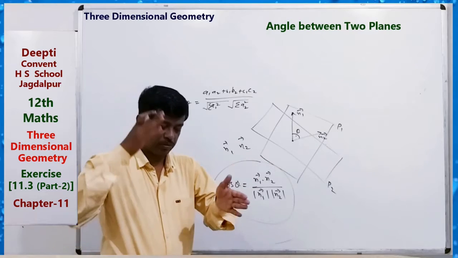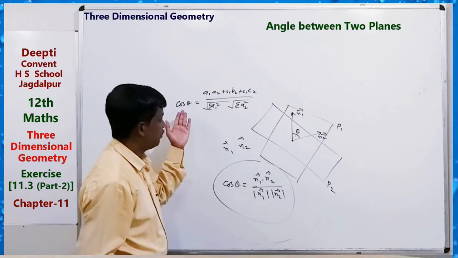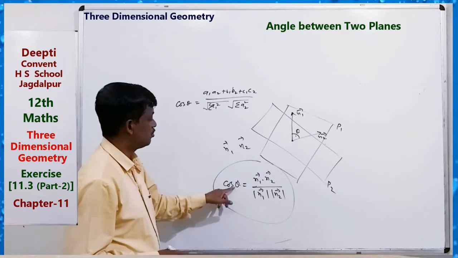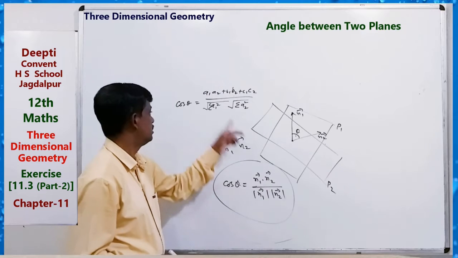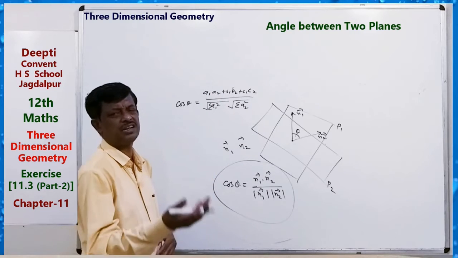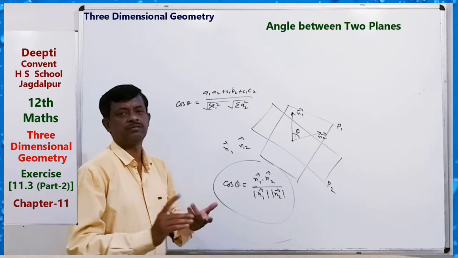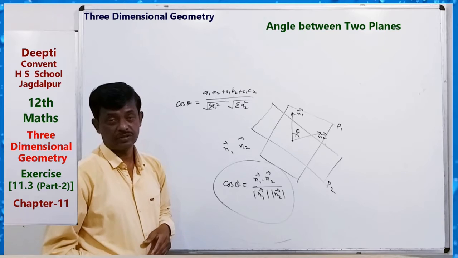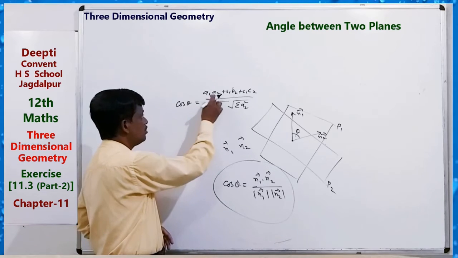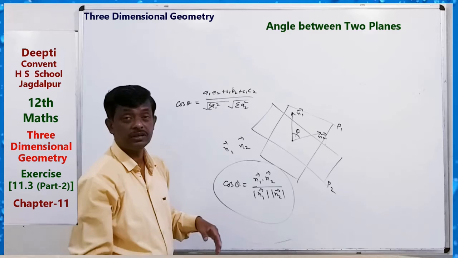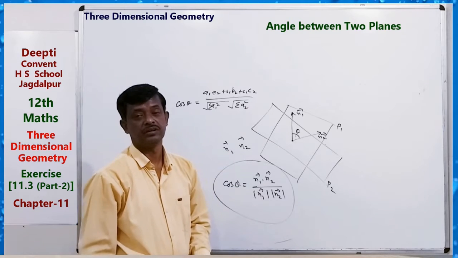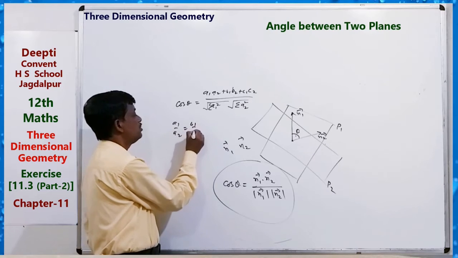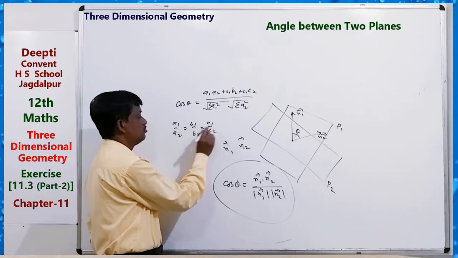If two planes are perpendicular, then theta is 90 degrees, cos theta equals 0, so a1 a2 plus b1 b2 plus c1 c2 equals 0, just like parallel and perpendicular for lines. And the planes are parallel if a1 by a2 equals b1 by b2 equals c1 by c2.